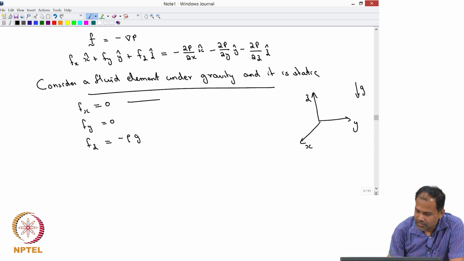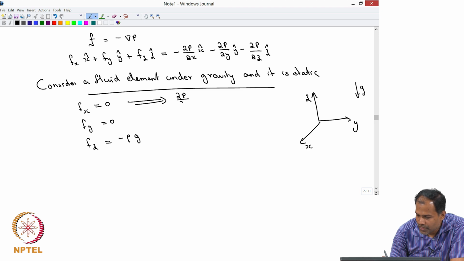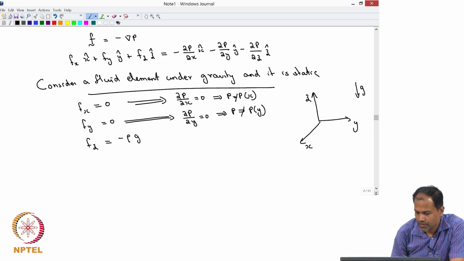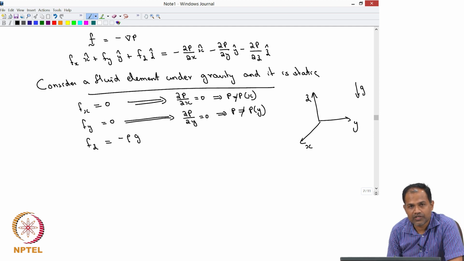Therefore, f x is equal to 0 would mean that dou p by dou x is equal to 0, or that means that p is not a function of x. If f y is equal to 0, then you get dou p by dou y is equal to 0, or p is not a function of y. Therefore, p is only a function of z.